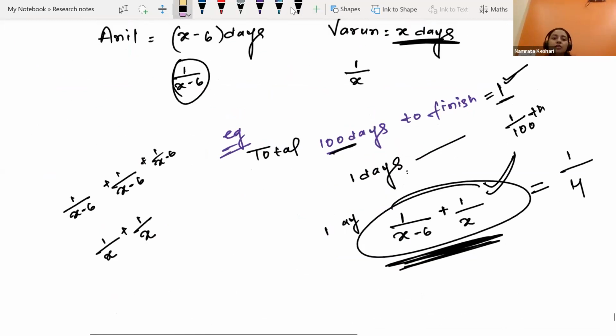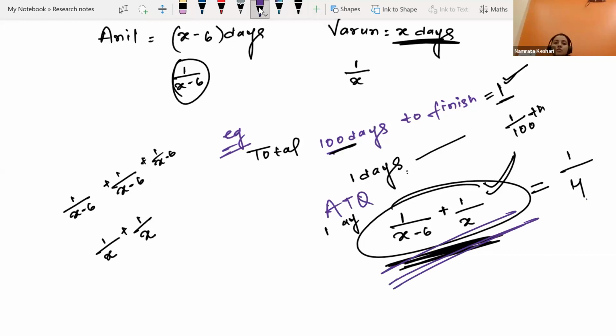This 1 day work, 2 day work, nothing you have to elaborate. This is the equation you have framed, and now you will focus on solving it. Please solve it and check it. What are you getting?